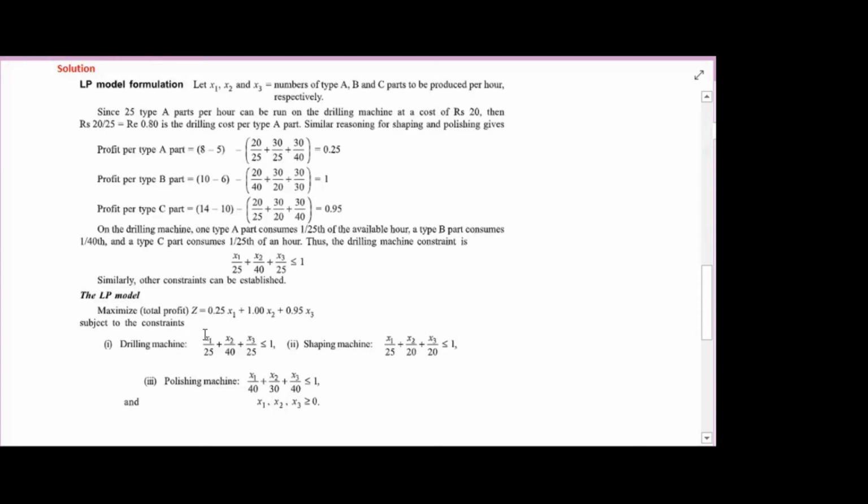Subject to the drilling machine constraint, having 1 hour of drilling machine, x1 upon 25, x2 upon 40, x3 upon 25 less than or equal to 1. For the shaping constraint, x1 upon 25, x2 upon 20, x3 upon 20 less than or equal to 1, and for polishing, x1 upon 40, x2 upon 30 and x3 upon 40 less than or equal to 1. And finally x1, x2, x3 should be greater than or equal to 0, meaning all the basic variables should be non-negative, right?